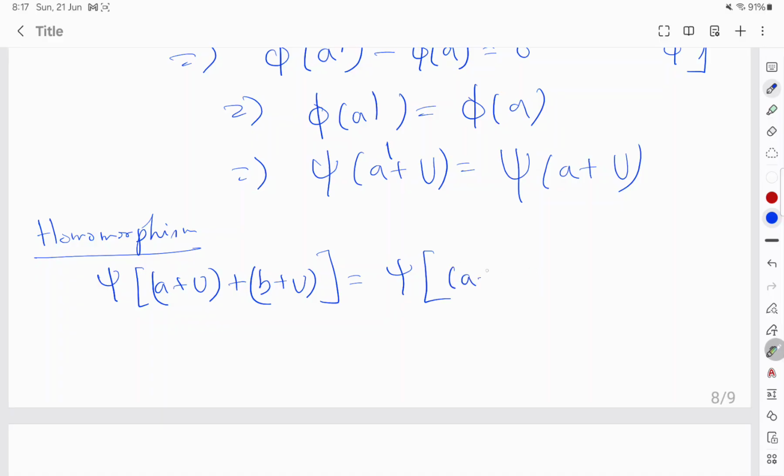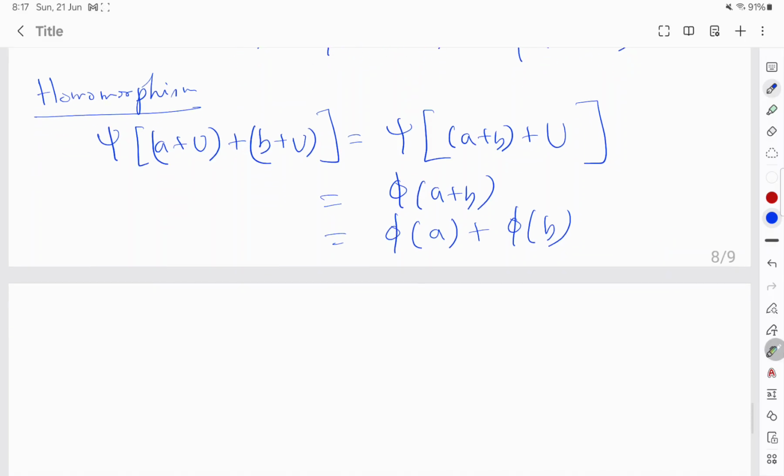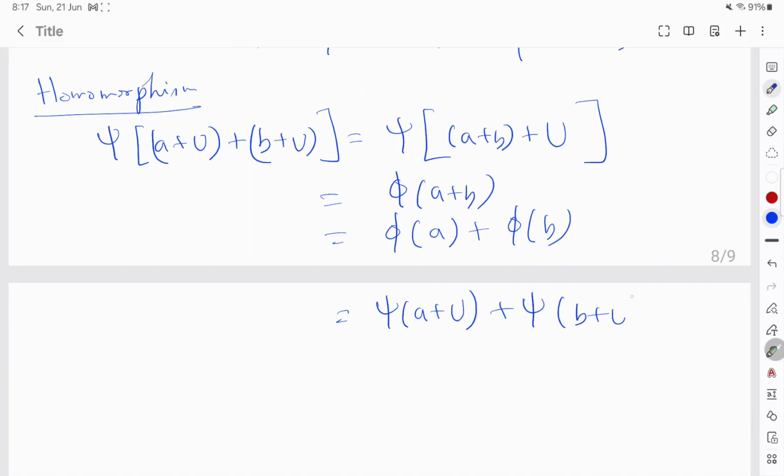These are easy, you can prove them using the quotient ring property. From there this is phi of a plus b, and since phi is a homomorphism, this equals psi of a plus u plus psi of b plus u. So this is done.